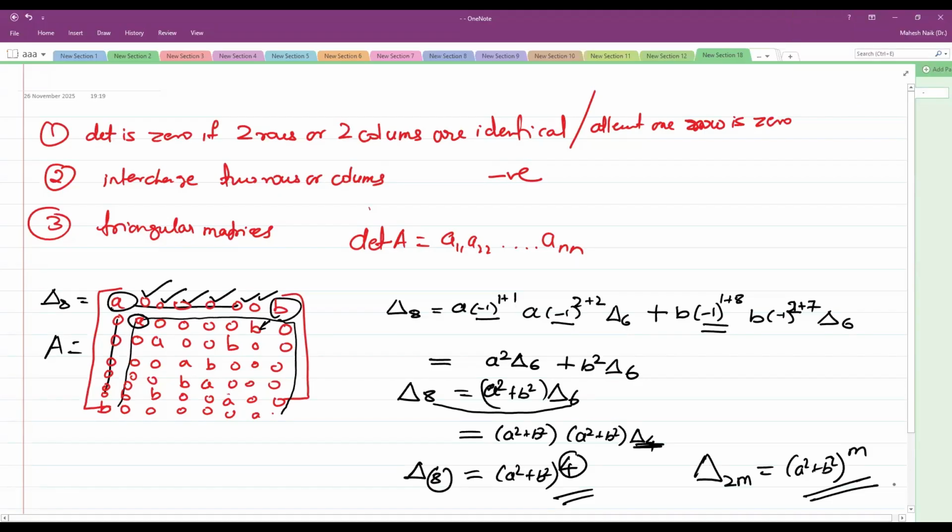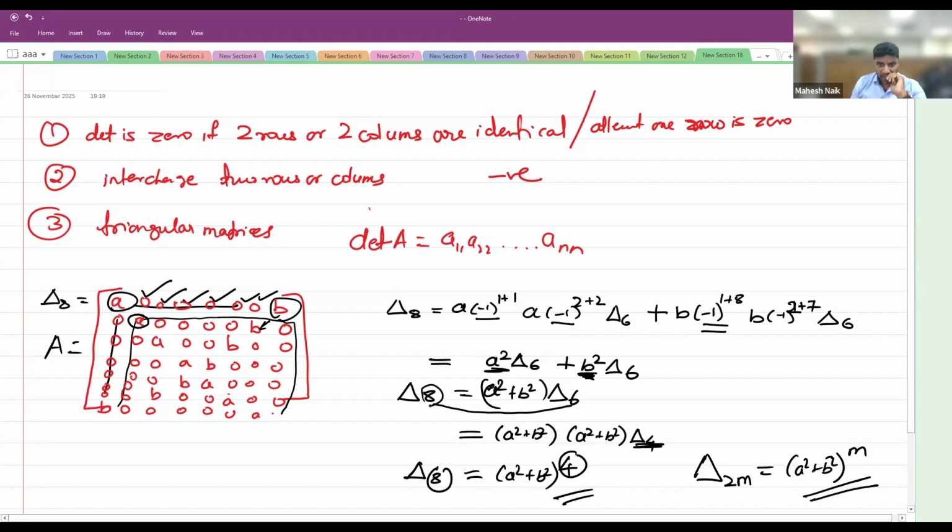Sir, could you please explain from delta 8 is equal to a square plus b square whole of delta 6? Okay, so here we just took out a square and b square common, right? And then we have delta 6. So from order 8, we expressed it in terms of order 6.